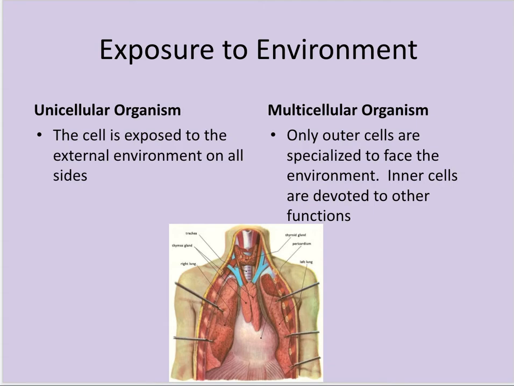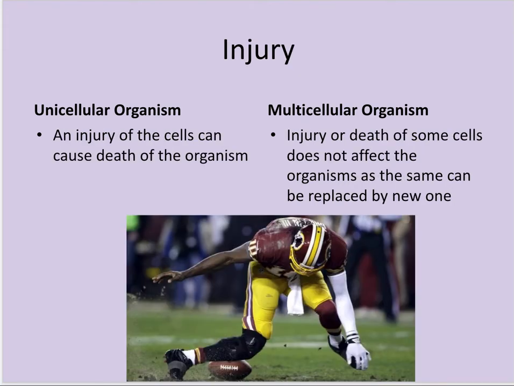So, in a unicellular organism, that cell is exposed to the external environment on all sides. It's not protected, it's just there. Now, in a multicellular organism, only those outer cells face the environment. Then the inner ones are devoted to other functions. Like our skin obviously is an outer cell, but in this picture we're seeing inside of our body, which is not facing the environment on the outside. So if a unicellular organism has an injury, then it's most likely going to die.